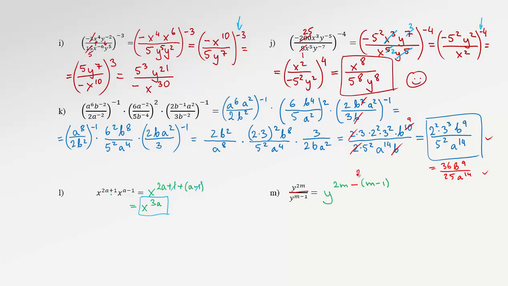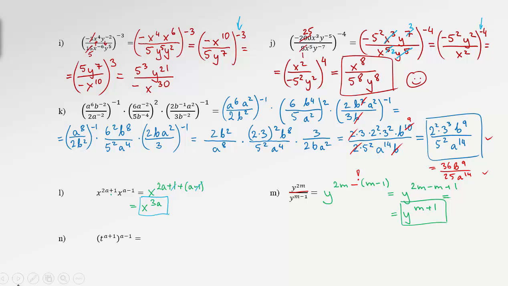So remember, when you have a minus and something bigger than one term coming up, it has to be a bracket around. Okay, let's simplify this. That means we'll have y, and now release the bracket, we'll have 2m minus m, and remember, switching the sign, plus 1. So altogether, the final answer is y to the 2m minus m is 1m, and plus 1. That's the overall final answer.